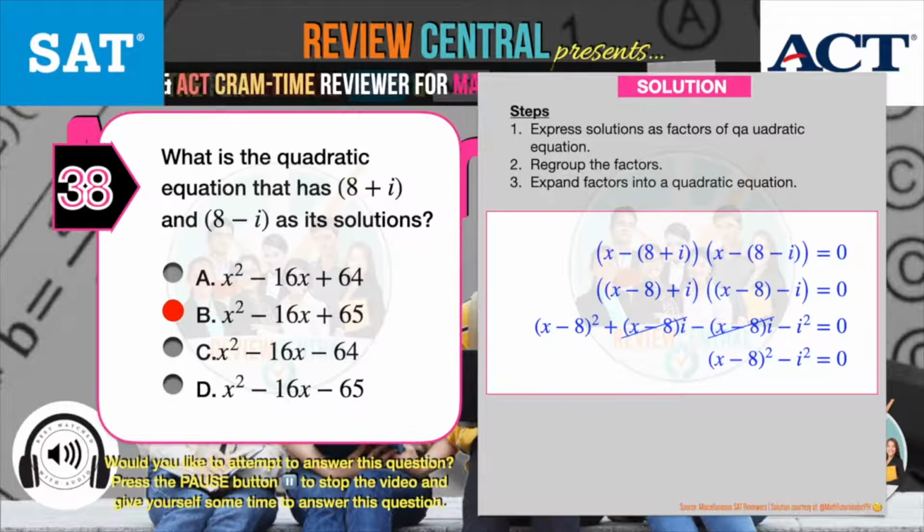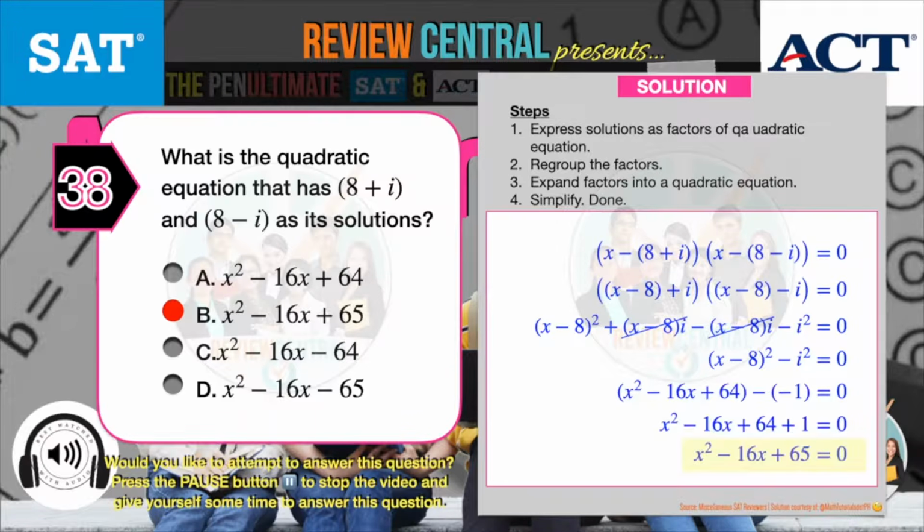We're left with (x minus 8) squared, minus i squared. We expand (x minus 8) squared into x squared minus 16x, plus 64. Meanwhile, by definition, i squared is equal to minus 1. We simplify further and we should eventually arrive at x squared minus 16x plus 65 equals 0. And that's the quadratic equation for our given problem.